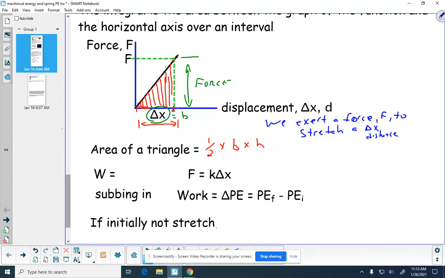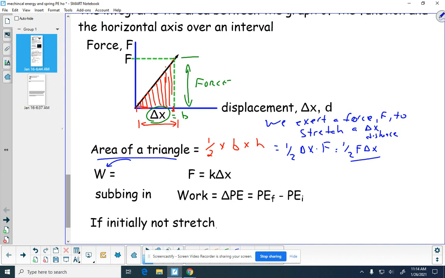Well, if we take a look at this triangle, my base is my delta x. The force that I exert to get this delta x is my height. So what this converts into is 1/2 times delta x times F. One half F delta x, which is the area of the triangle, which will then translate into the work.